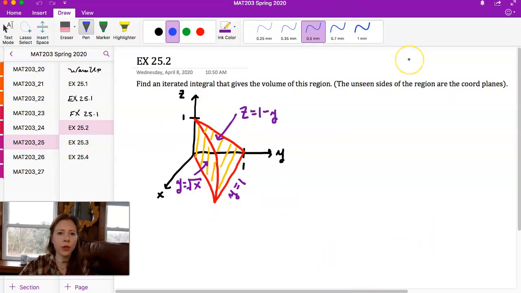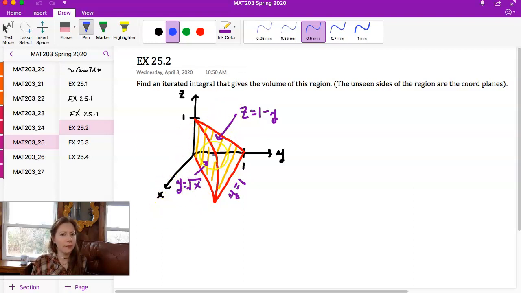So this time we're going to find an iterated integral that gives the volume for the region that I drew below. And so the unseen sides of the region are the coordinate planes. Okay, so this ZY coordinate plane makes up the back of this solid here.